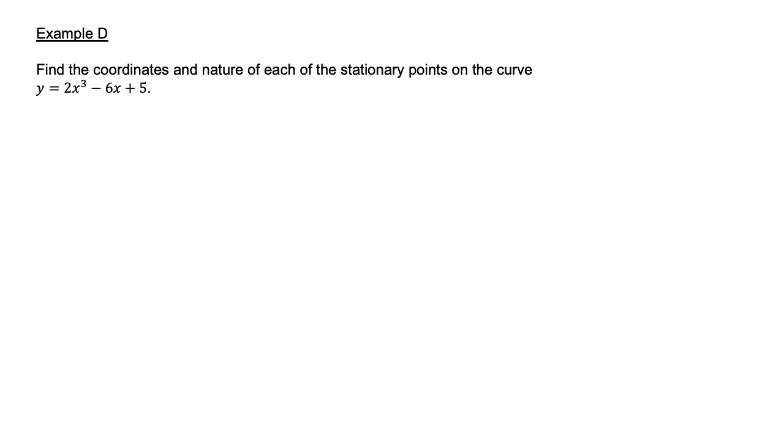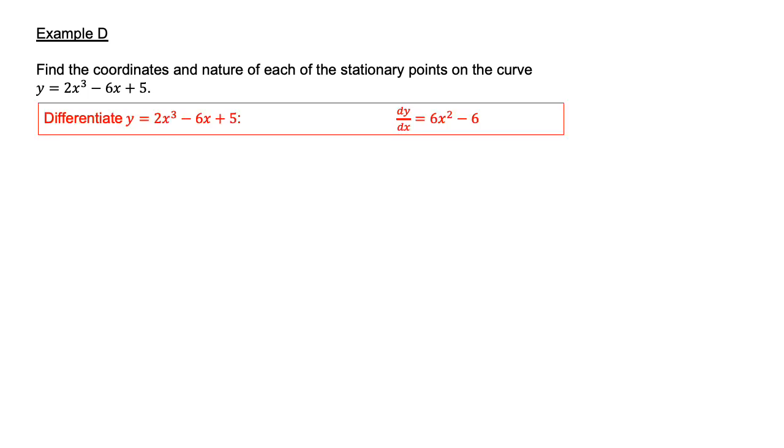And you can see from the question itself, it's actually asking for the nature of the stationary points. It's plural, not like before where it was asking for the stationary point. So it's exactly the same method. First thing we do is we differentiate the expression. And in this case, we get dy by dx to be equal to 6x squared minus 6.